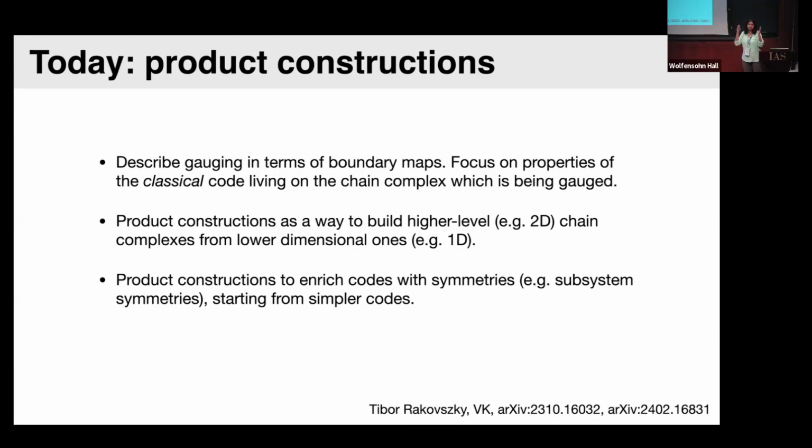This can be reinterpreted as a way to build quantum codes by taking products of classical ones. That's the simplest thing you want a product construction to do, but these can also be enhanced to enrich codes with other features that might be interesting to a physicist, even if they don't do much for computer scientists.